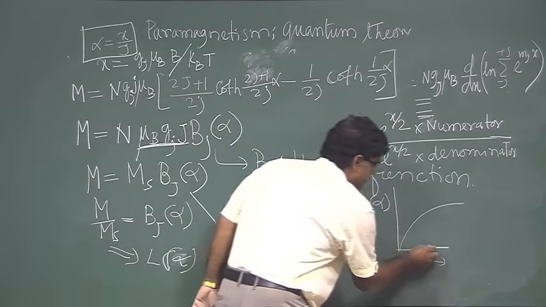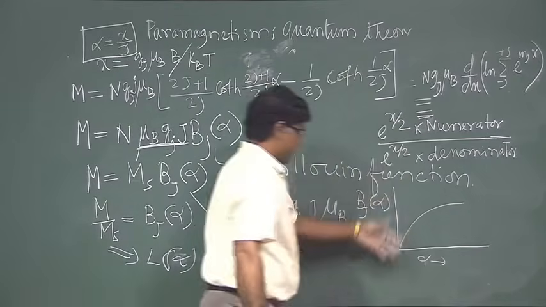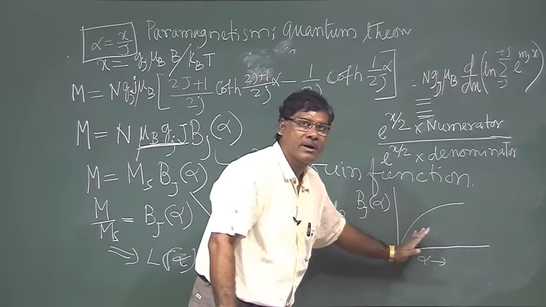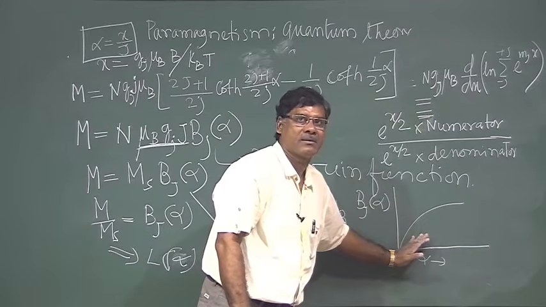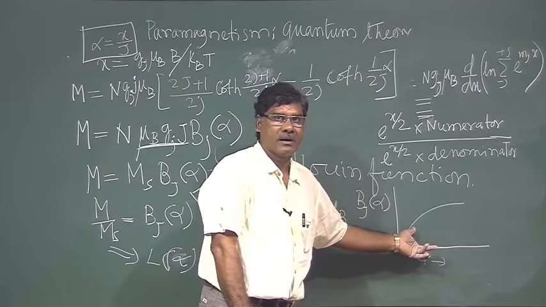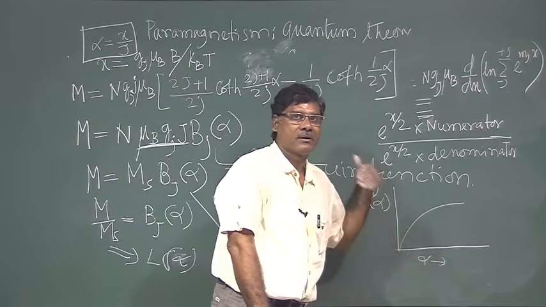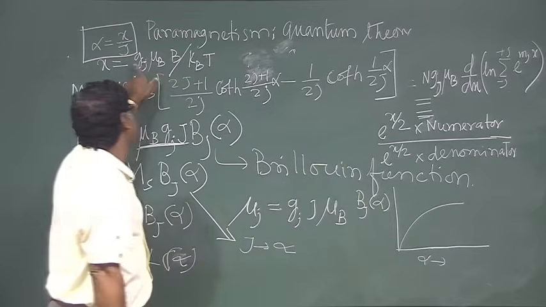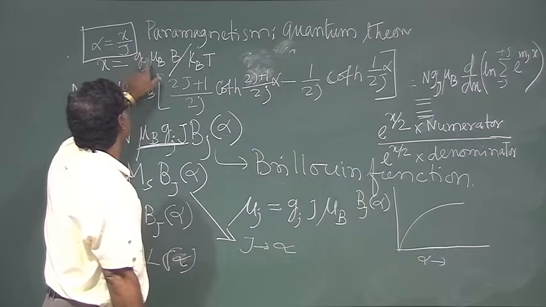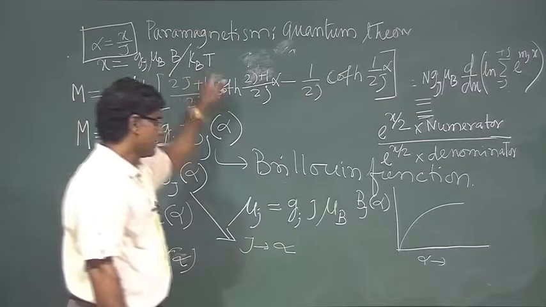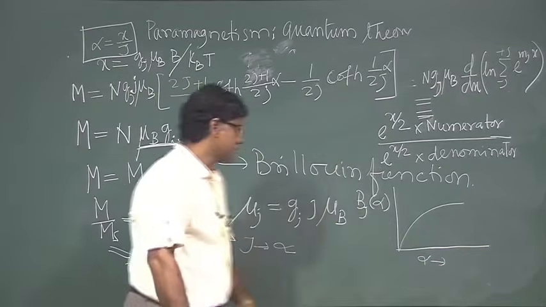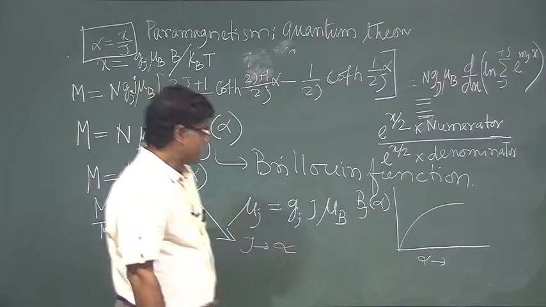Basically, we are more interested in the variation at higher temperature and lower magnetic field, because alpha is proportional to B by T, so this side is higher temperature and the other side is lower temperature, right.